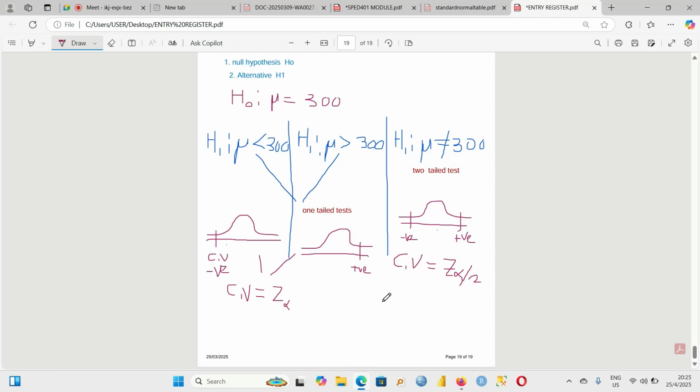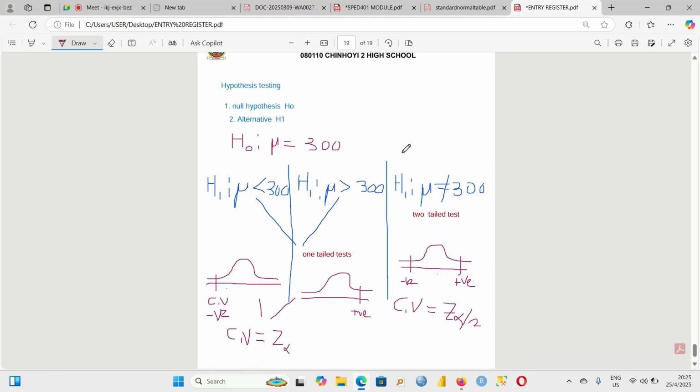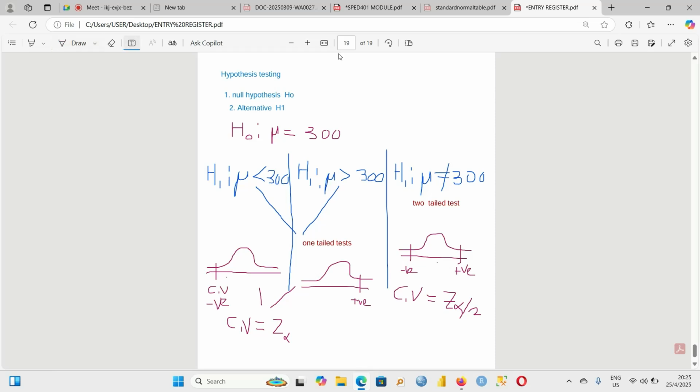Then the next stage, you have to calculate the test statistic, the one which we usually compare to see whether that value is lying within the acceptance region or the rejection region. So we have what you call the test statistic.